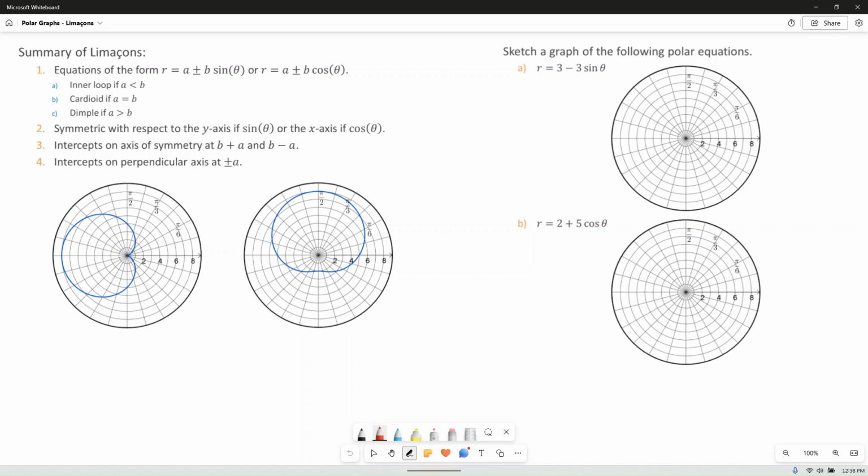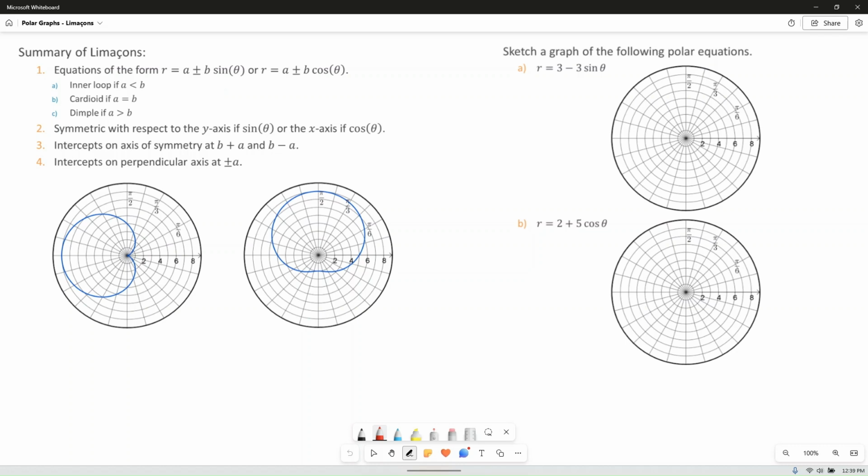All right, let's look at a couple examples where we have a graph and we want to write the equation. So this first graph, what we see is we have a cardioid, right? There's no inner loop, and it does actually touch the origin in the middle here. So this graph is a cardioid that extends to the left.